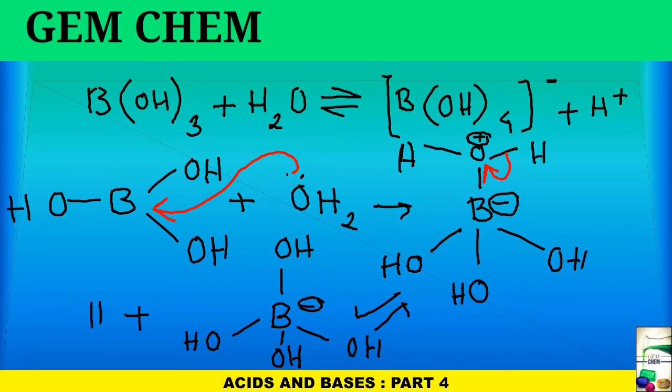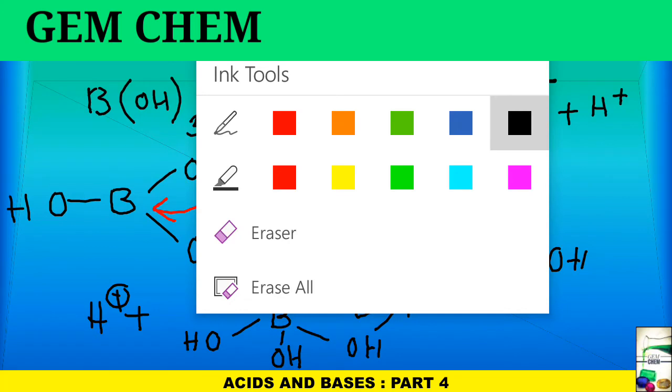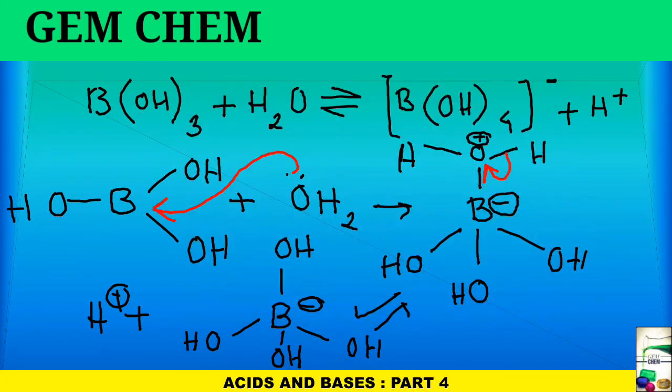This is the method to get the proton. But you have to understand that this losing of proton from here is also difficult, and if we try to get rid of a proton from this in the aqueous phase, that is also difficult. So in total, removal of proton becomes very difficult in boric acid.